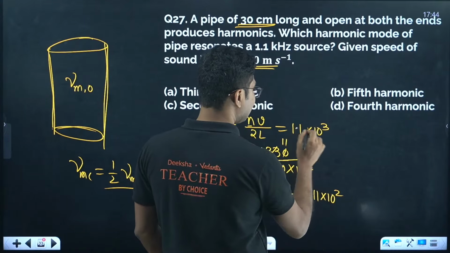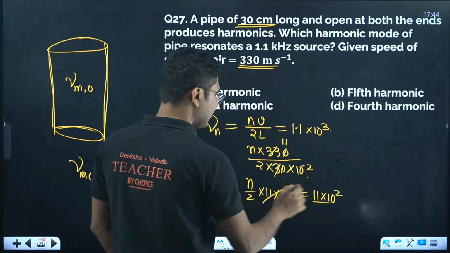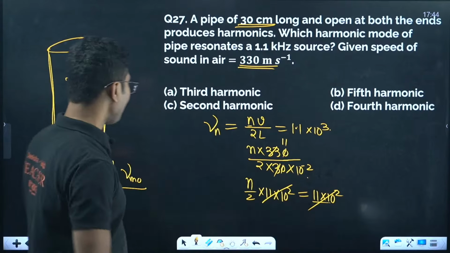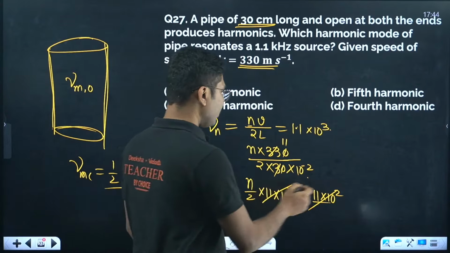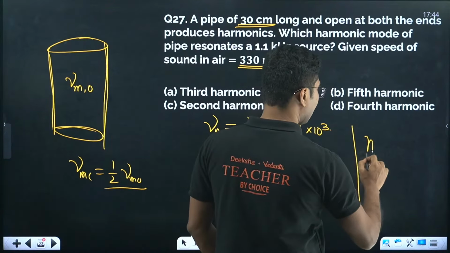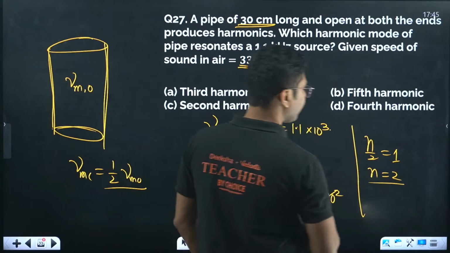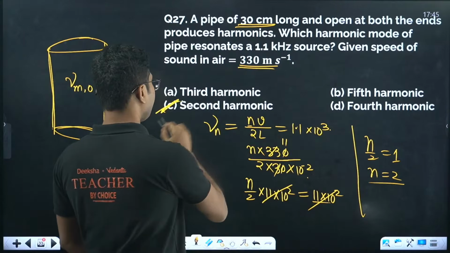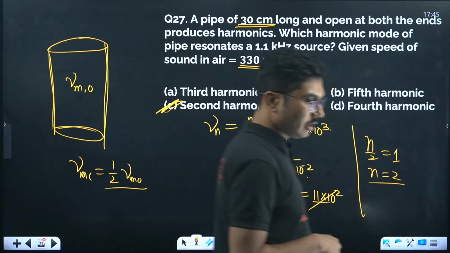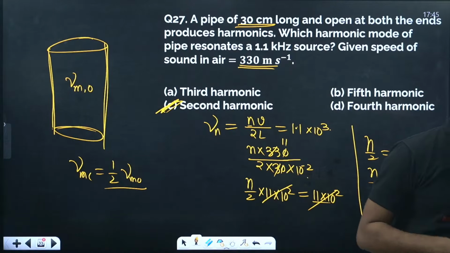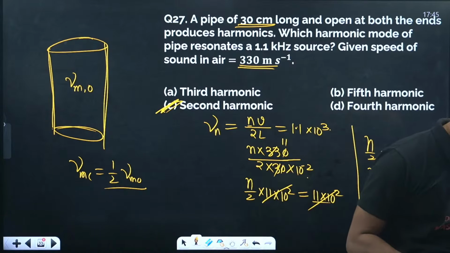Now 1.1 into 10 to the power of 3 means 11 into 10 to the power of 2. So one of them will cancel. So n by 2 becomes 1, that is n equals 2. So it will be the second harmonic. One simple formula can solve your problem. Yes, correct, Chetan.